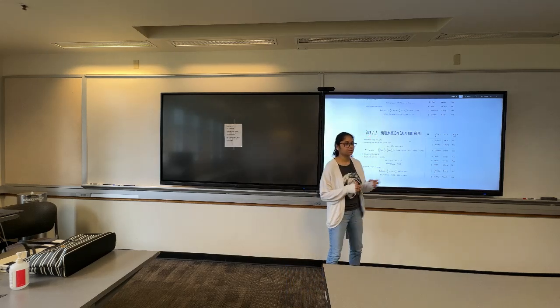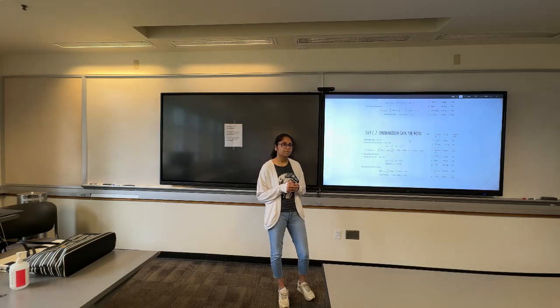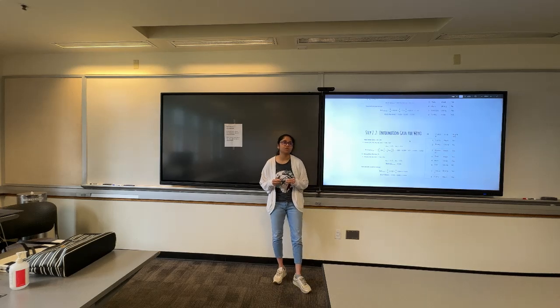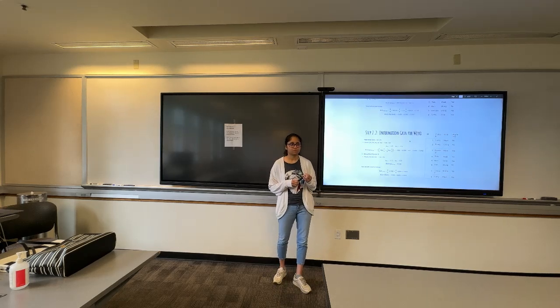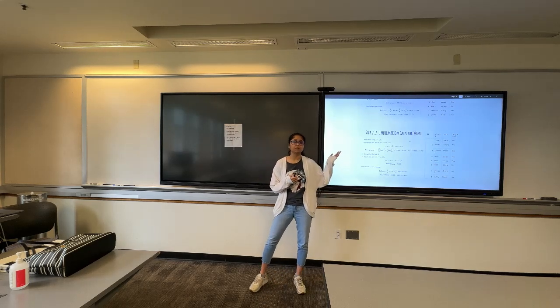Whatever information gain is more helps us decide better if this feature is best for splitting. So we should split on outlook. Outlook is greater, yes? So we'll split on outlook, right?